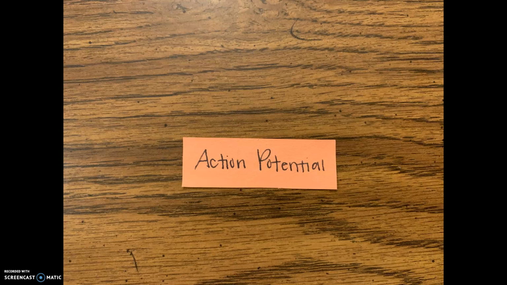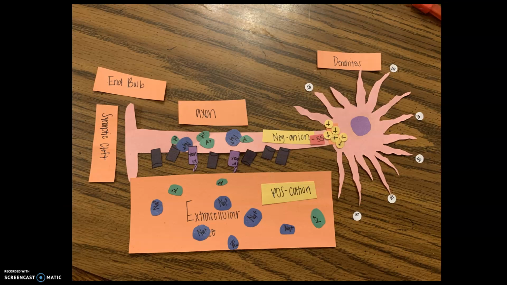What happens is neurotransmitters attach to the dendrites, and there's this collection of positive charges at the axon hillock until the threshold is met at about negative 55 millivolts.